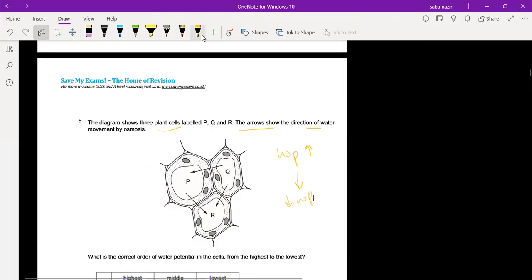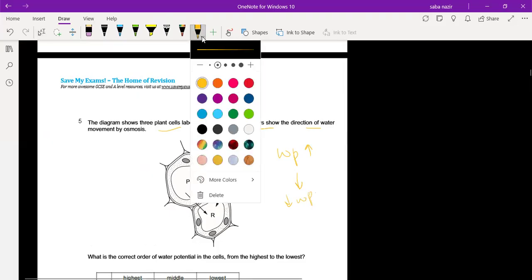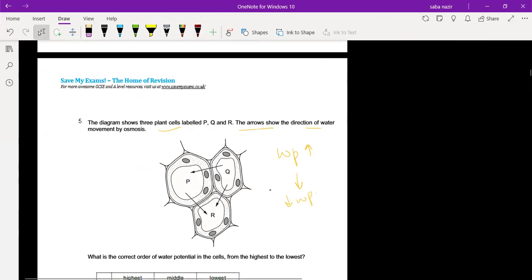If we follow the pathway, we can see the water is moving from cell P to R or Q to R. It means that cell Q has the highest water potential and cell R has the lowest water potential.